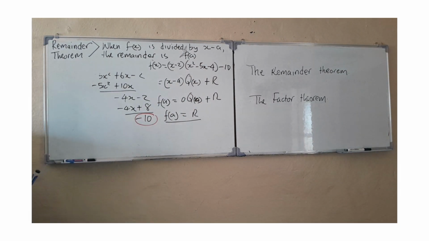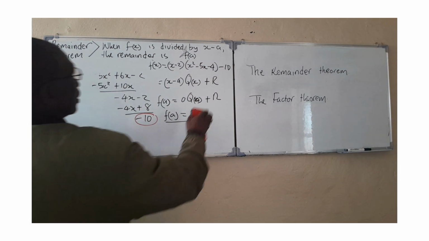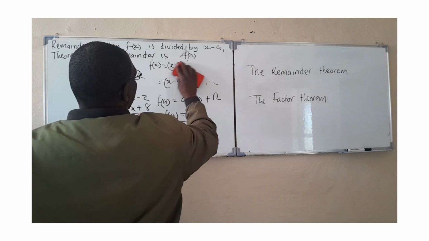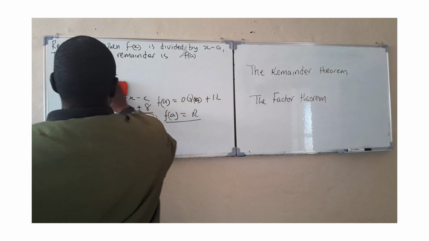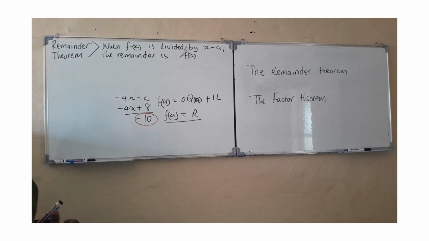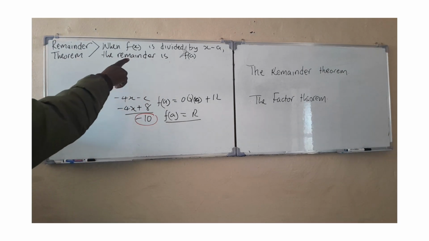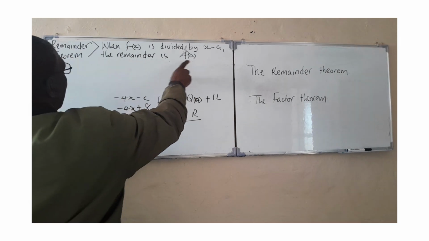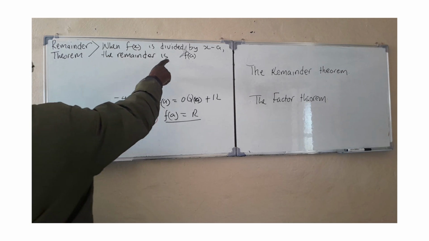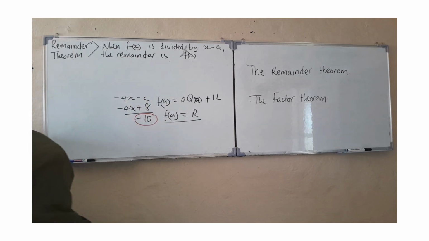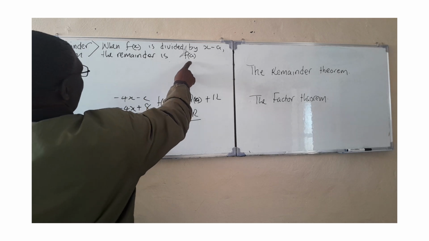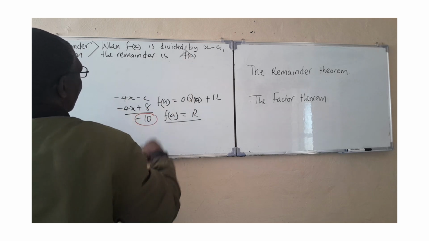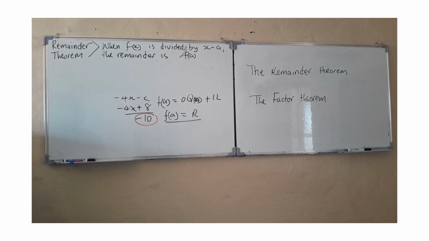Okay, so let's just make sure this stands out clearly. So that is the remainder theorem. So when we divide f of x by x minus a, the remainder is f of a. The remainder is the value of f of x when you substitute a for x.